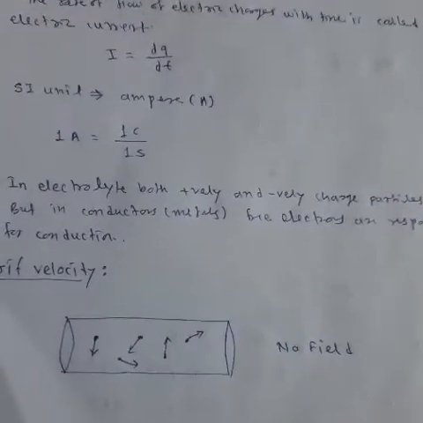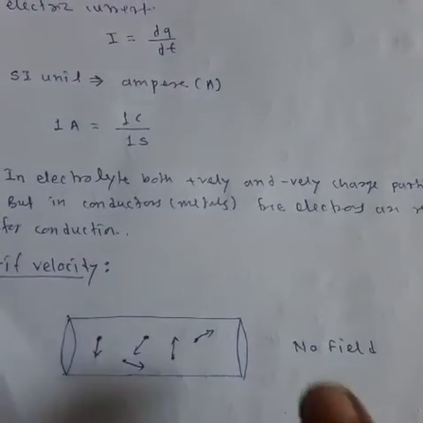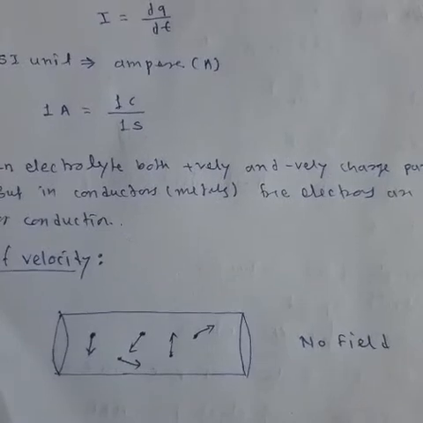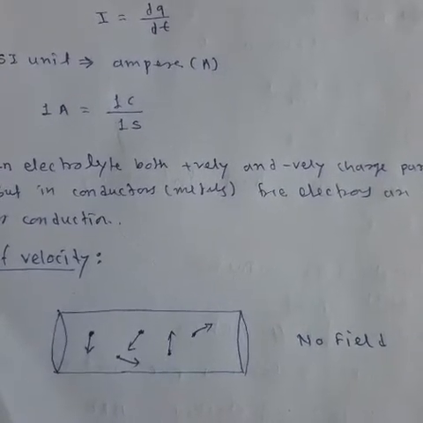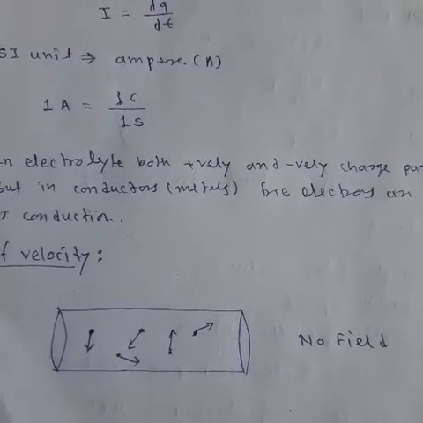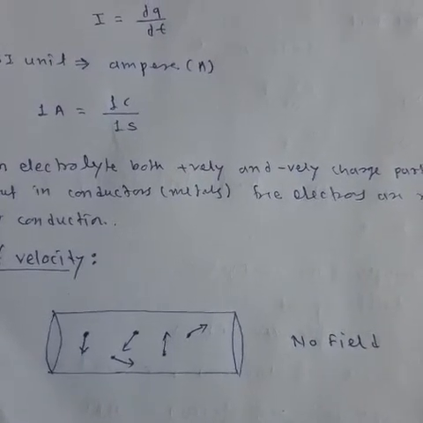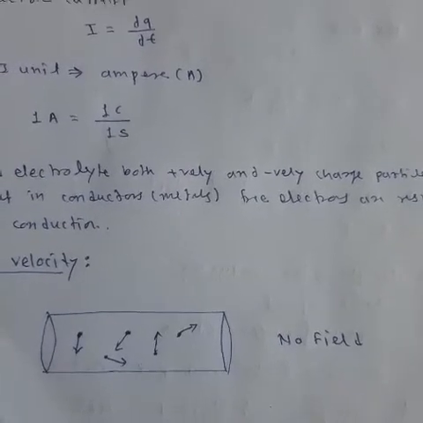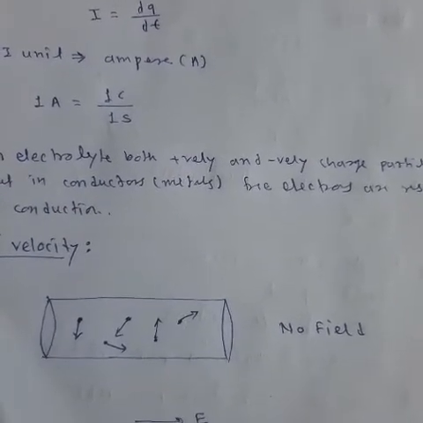But if we touch the conductor, we do not feel the current flowing through it, because there is no net electric current through this conductor, because the directions of electrons are different.